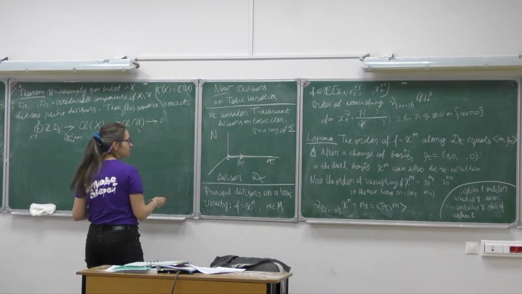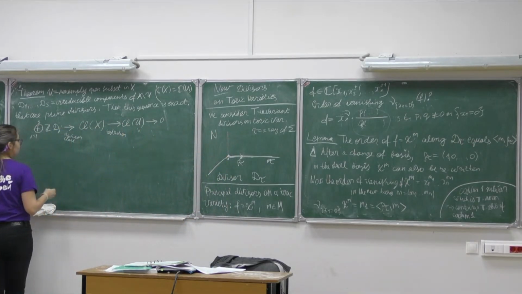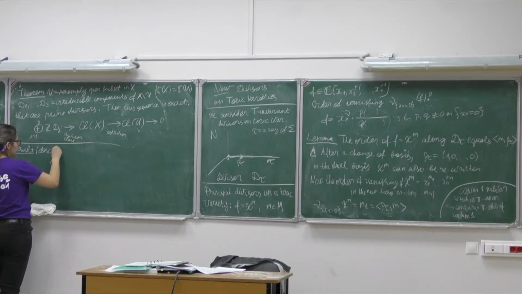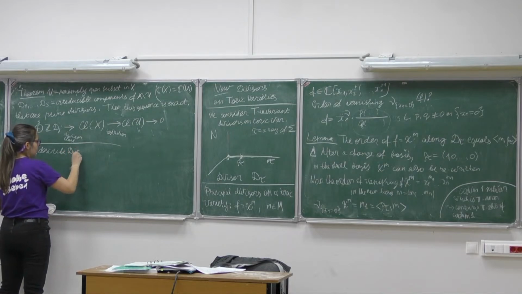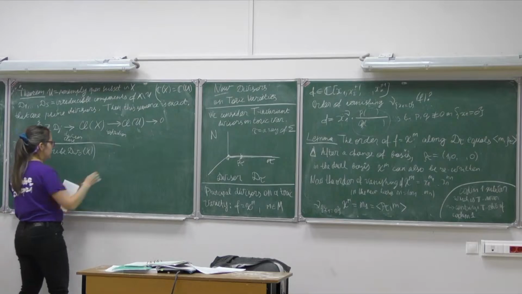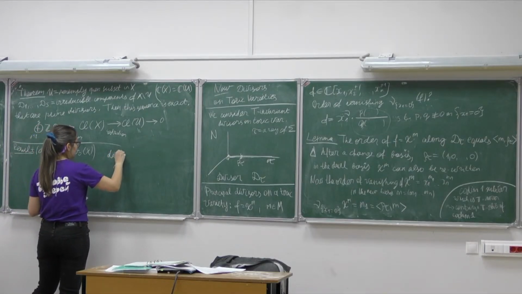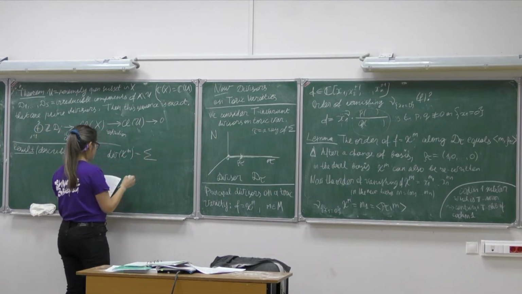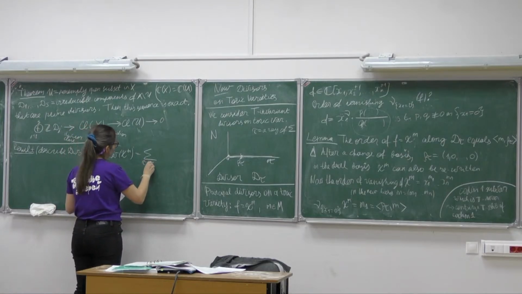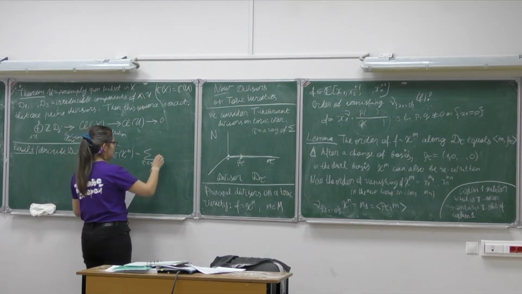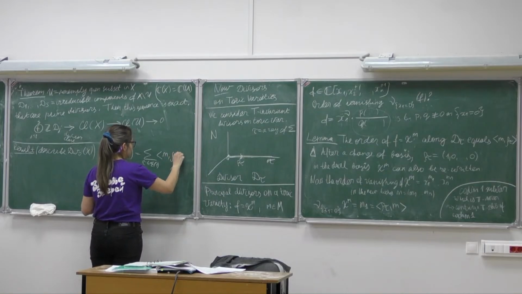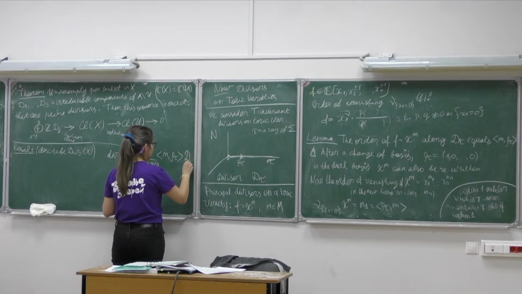So the result of this calculation is that the divisor of chi m is the sum over all rays of m rho tau, the coefficient at the divisor d tau.